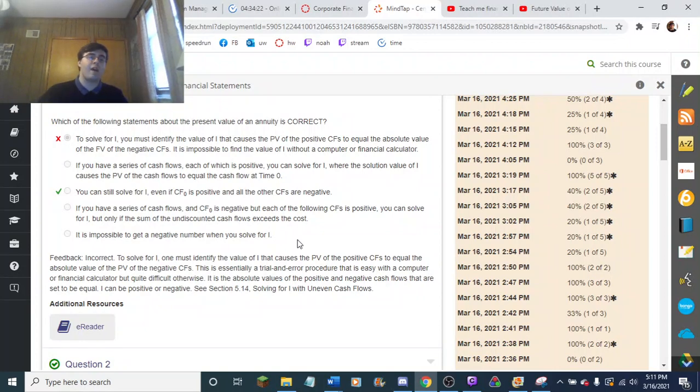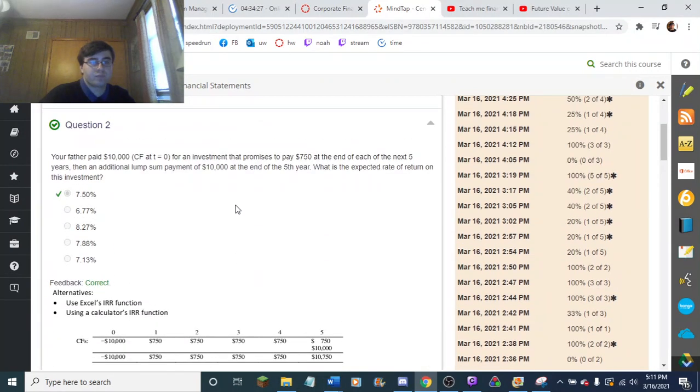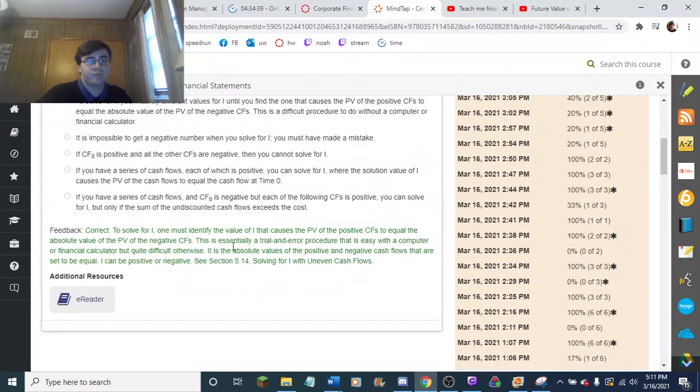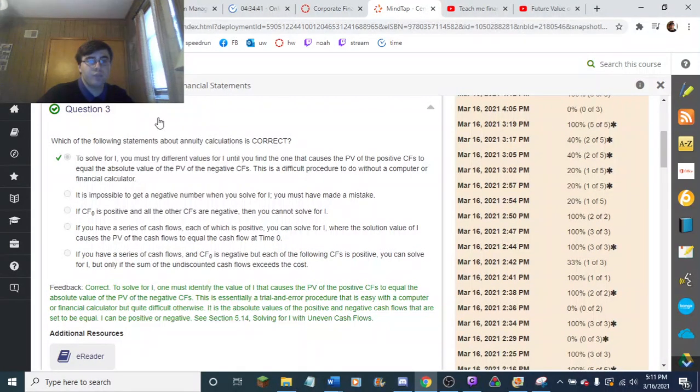You can still solve for I even if CF is positive and all the other CFs are negative. The interest rate of return. Oh, I know how to do this because this was in the tutorial. So to solve for I, you must try different values for I until you find the one that causes the present value of the positive CFs to equal the absolute value of the PV of the negative CFs.